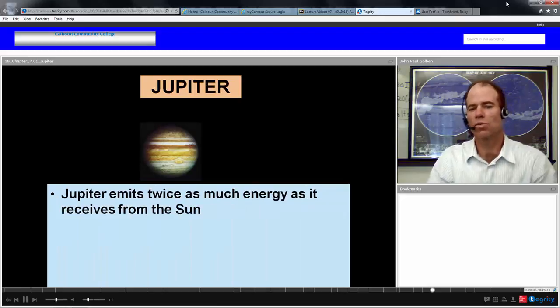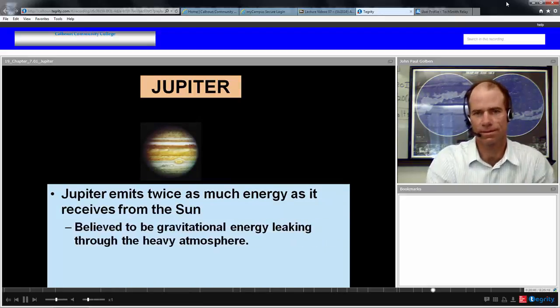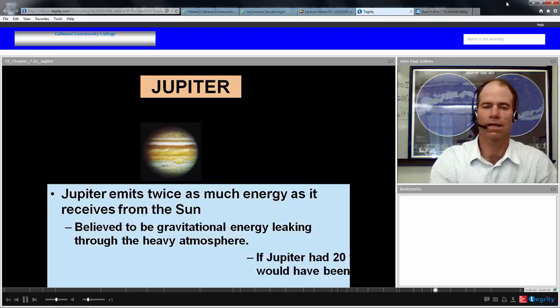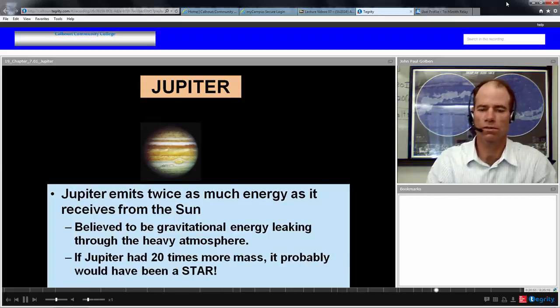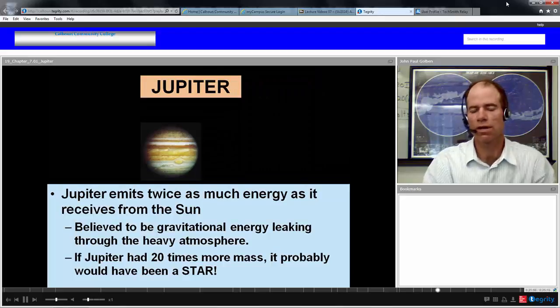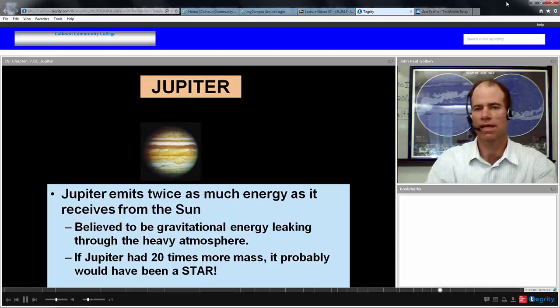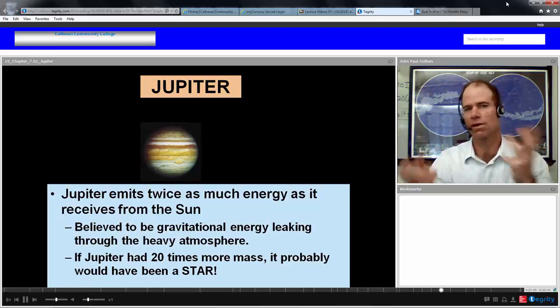Jupiter emits twice as much energy as it gets from the Sun. This is believed to be gravitational energy leaking through the heavy atmosphere, but there's no real great explanation for this energy. If Jupiter had 20 times more mass, most of its mass being hydrogen, it would actually have been a star, and hence our solar system would have been a double star system.